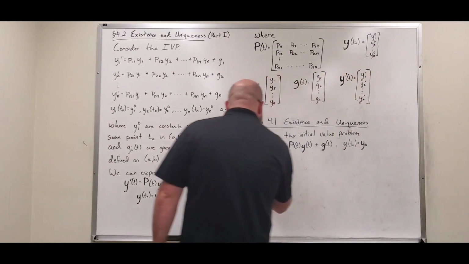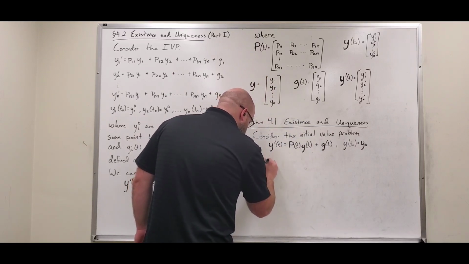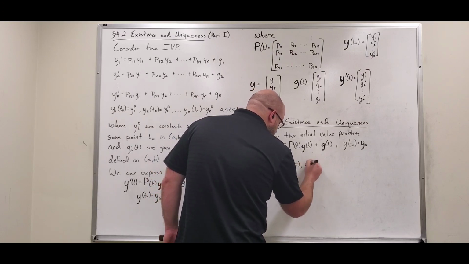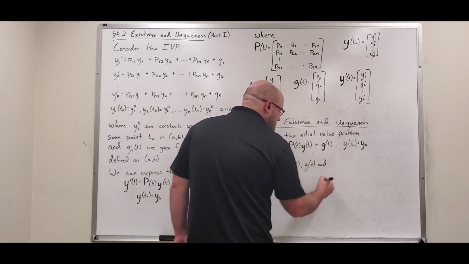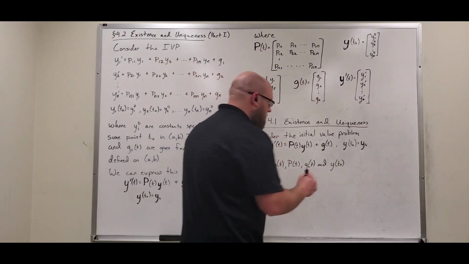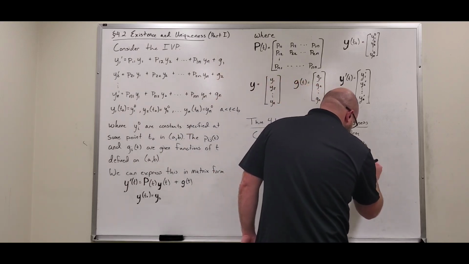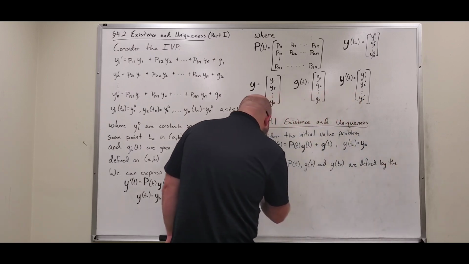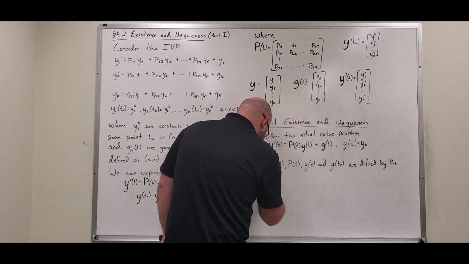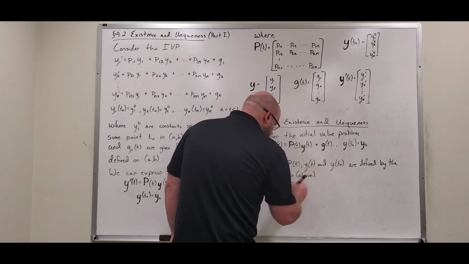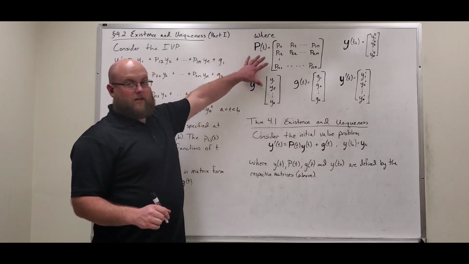So where y of t, p of t, g of t, and y sub t of 0 are defined by the matrices above. Okay, so again, referencing these guys up here.